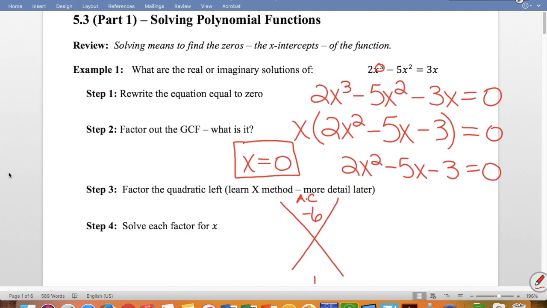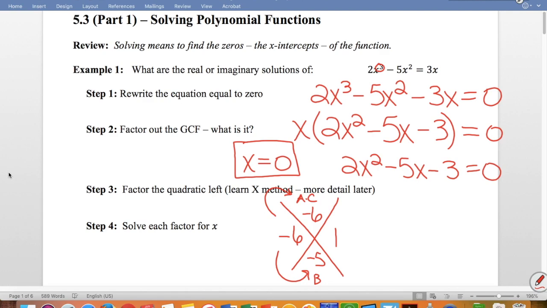I'm going to put b in the bottom part of my x, which is negative 5. So I need factors of negative 6 that add to negative 5. I know that negative 6 and positive 1 will work. Negative 6 times 1 takes me back to the top part of my x, negative 6, and negative 6 plus 1 takes me to the bottom part, negative 5.